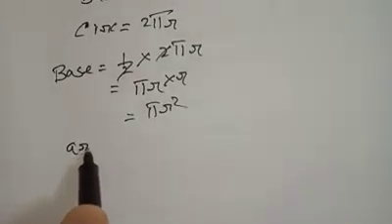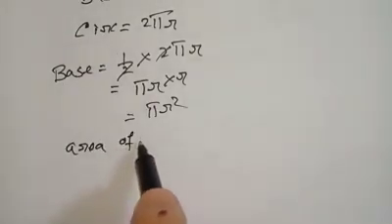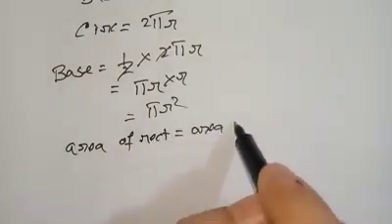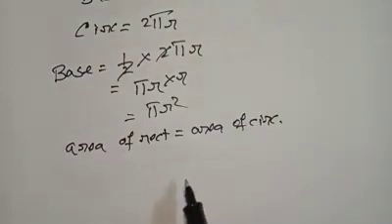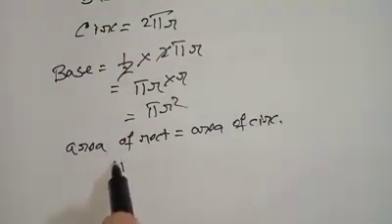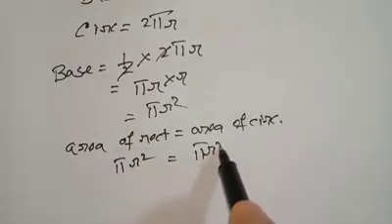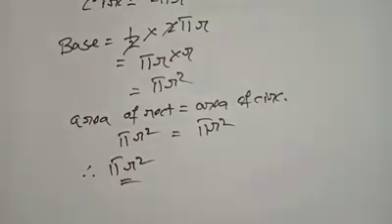Because the area of rectangle is equal to the area of circle, and area of rectangle is equal to pi r squared, the area of circle will also be pi r squared.